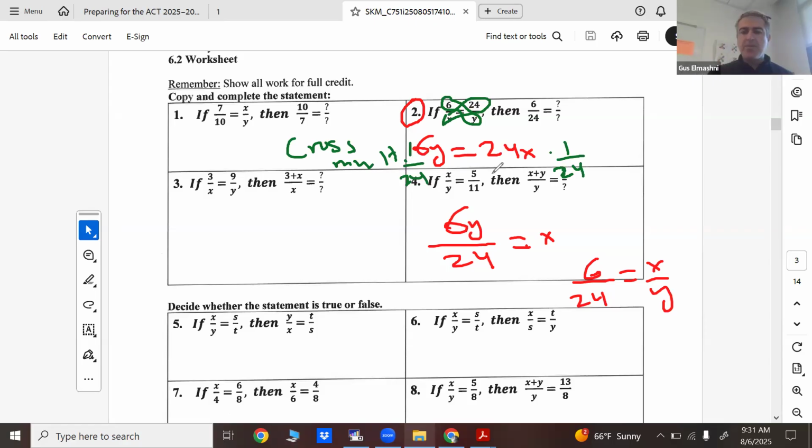I multiplied both sides because then these canceled. I want to try to get 24 on the bottom. Then I multiplied both sides by 1/y to truly get 6/24 all by itself. So that was the process. I cross multiplied, then multiplied both sides by 1/24th, then multiplied both sides by 1/y, or divide by 24 and divide by y, same thing. So it requires a little bit of nifty algebra for number 2. Sometimes we need to do that to get a ratio that we're interested in finding.